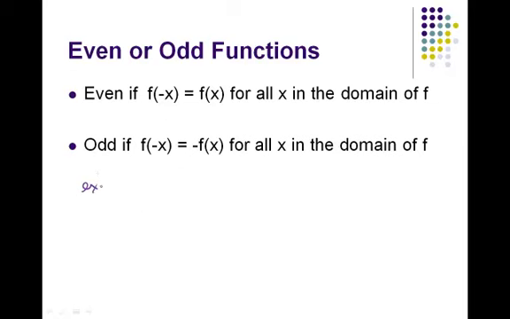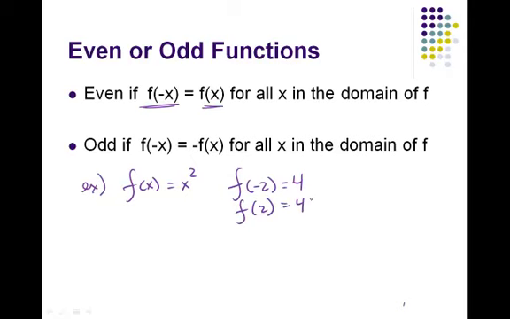So for example, let's use f of x equals x squared. If I calculate the value of f of negative 2, I will get 4. That would be my f of negative x. If I calculate f of 2, I still get the value of 4.